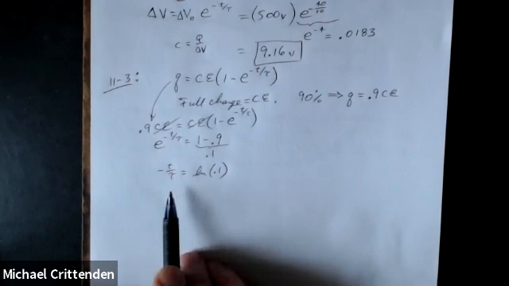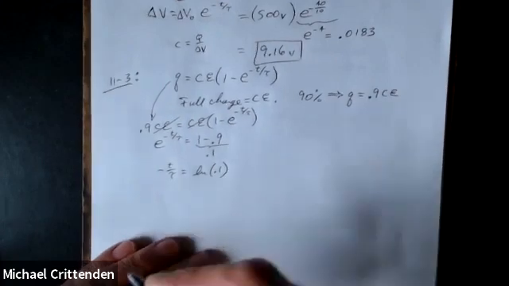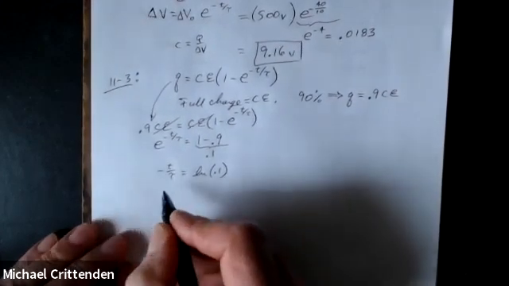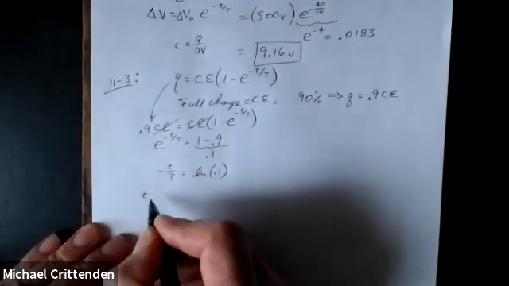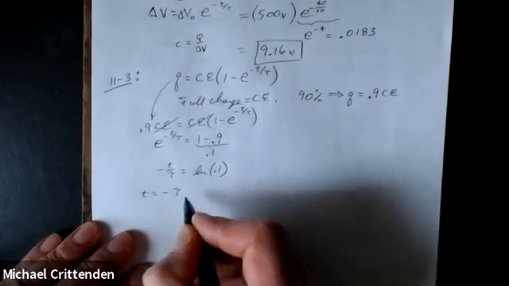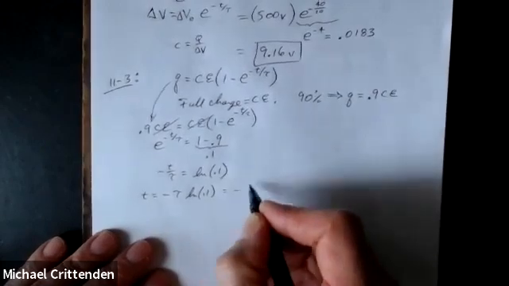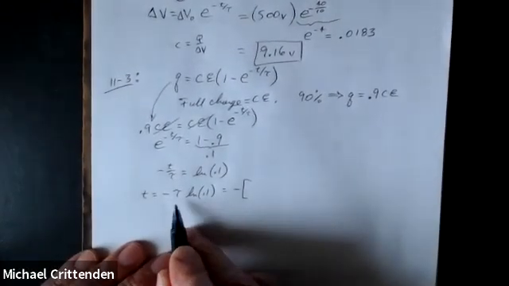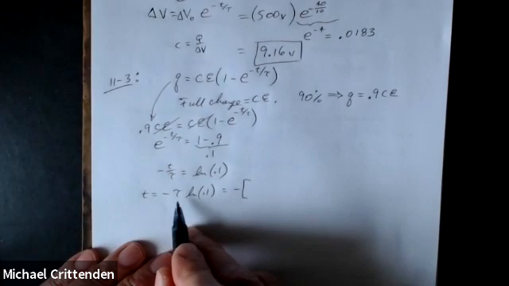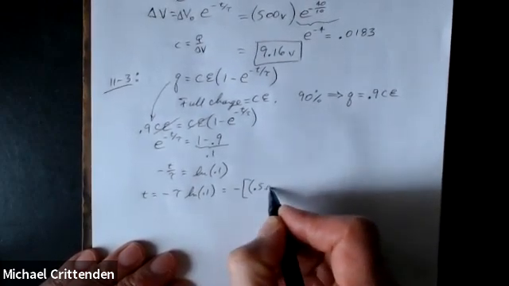And so up until now, I've just been writing tau over and over again, but I'm going to need a number. Well, I can just do it all at once. Let's finish it off. t equals negative tau times log of 0.1. The time constant is R times C. R is 0.5 of an ohm.